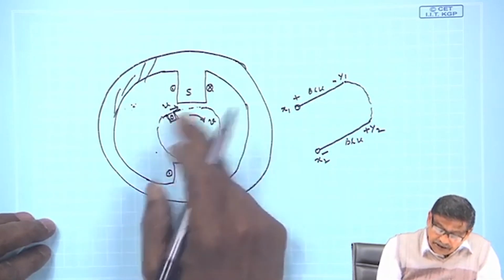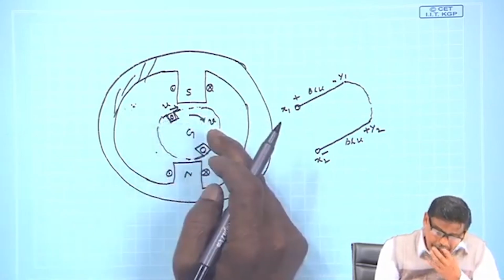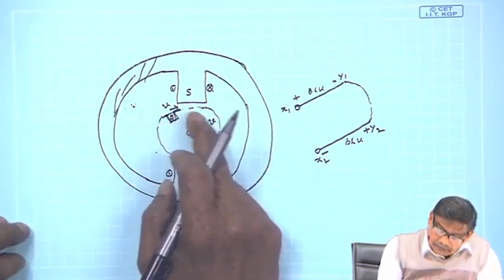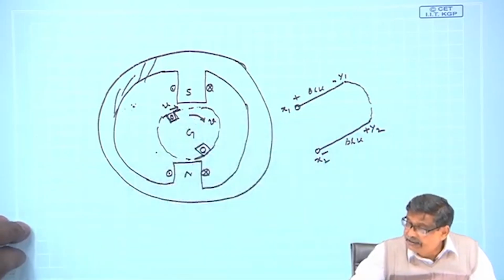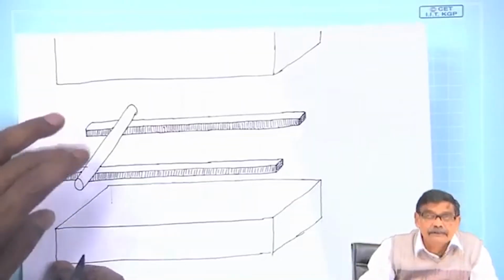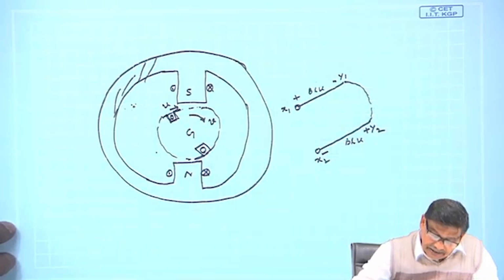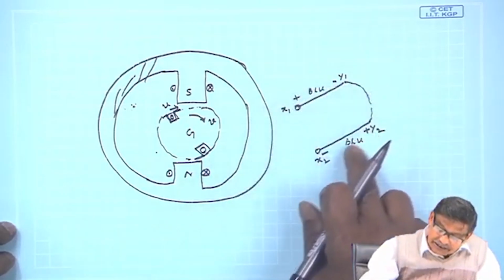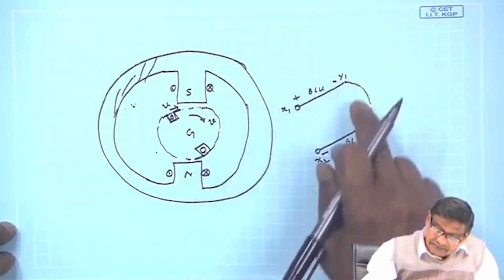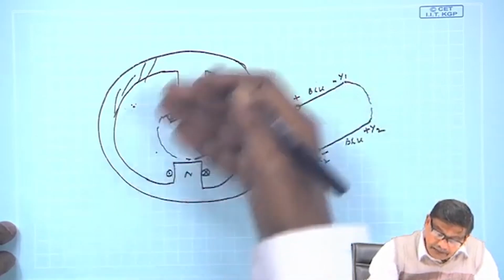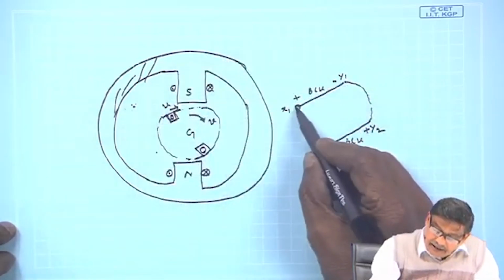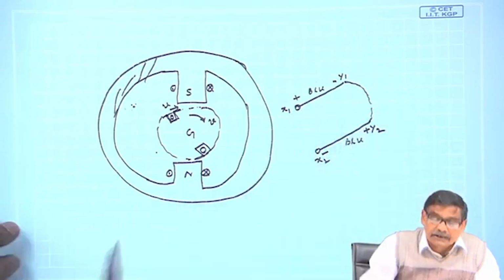You give rotation. So, you will replicate this situation here. And these two are connected in series by a flexible wire at the back end of this one, and so you will get twice the voltage.